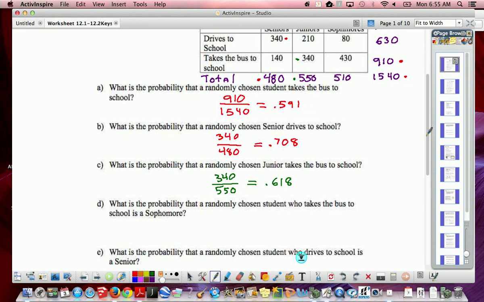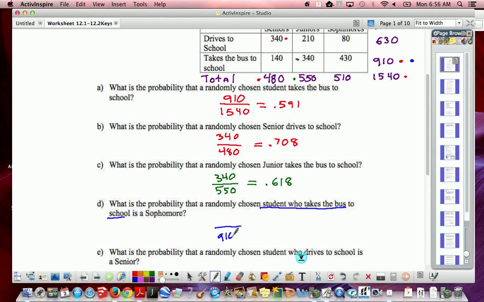So, D. Let's slide this up a little bit more. It says, what is the probability that a randomly chosen student who takes the bus to school is a sophomore? So the key piece here is it's out of the students who take the bus to school. So my bottom number here is this 910.